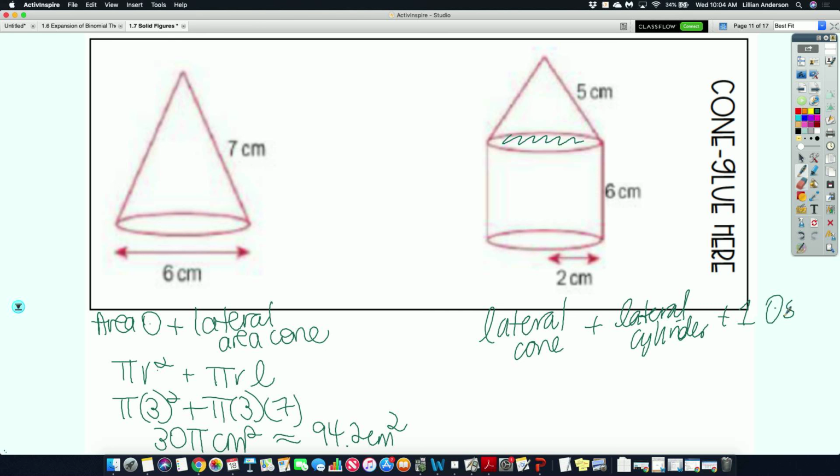Okay? So lateral area of a cone is pi RL. We just did that one. What's the lateral area of the cylinder? We just did that on the last question. Not this one, but the last slide. 2 pi RH. And of course the area of a circle, which is pi r squared.